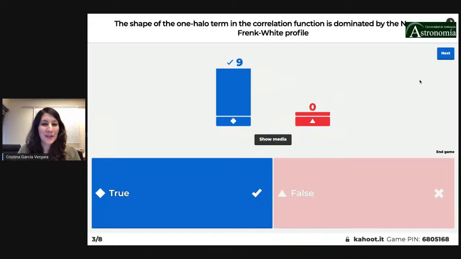Great. All of you answered this correctly. Yes, the 1-halo term is dominated by how galaxies are populated within one halo, and that is well described by the Navarro, Frenk, and White profile, which also describes how dark matter is distributed within one halo. Then that is correct.